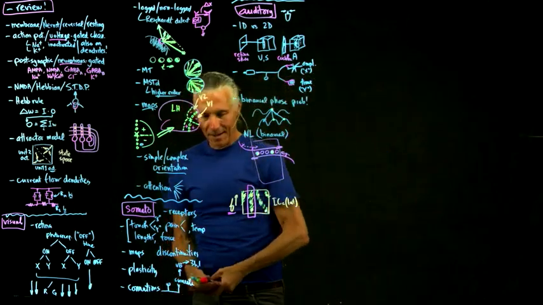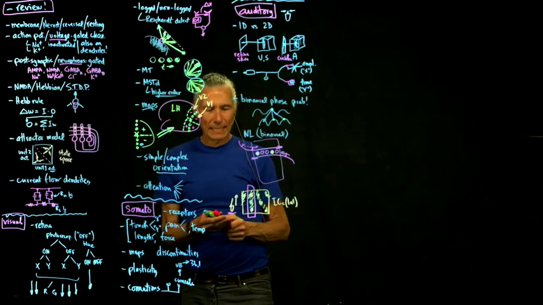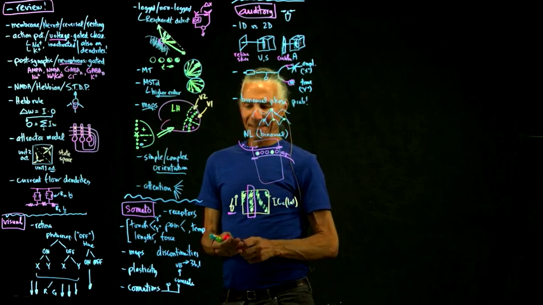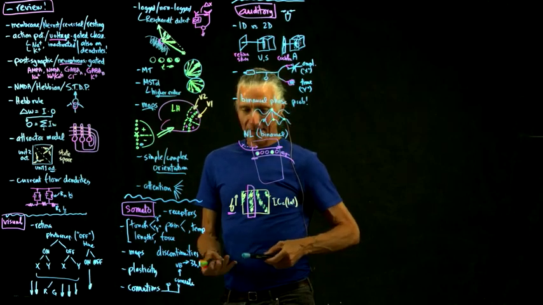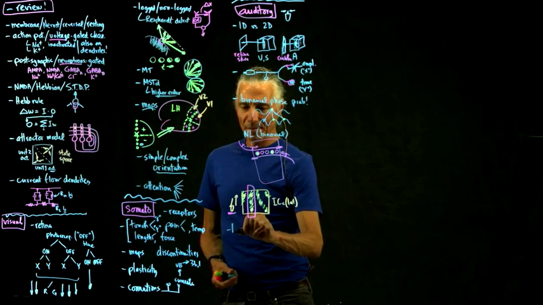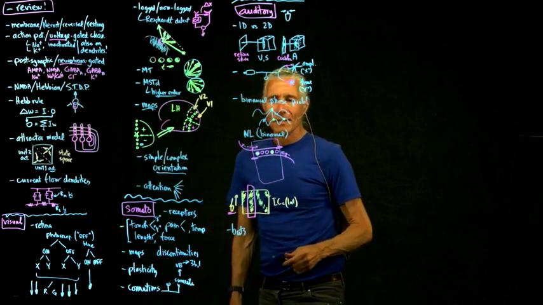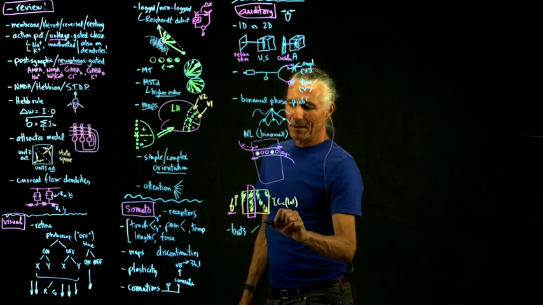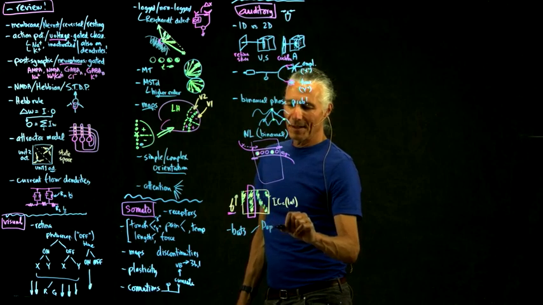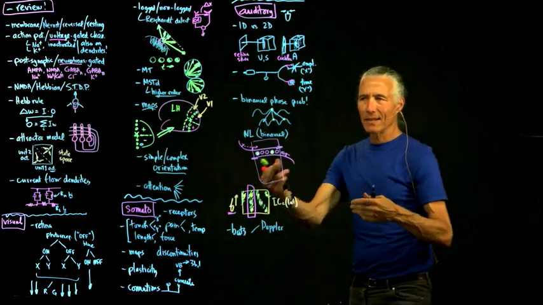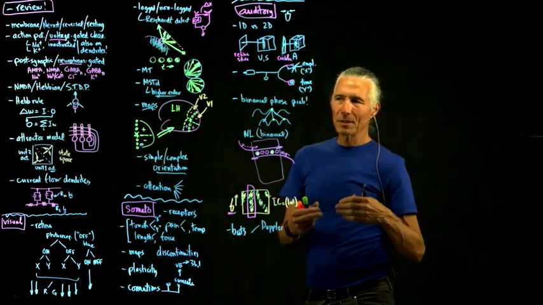So that was the auditory system. And then we talked about bats, and the Doppler shift. The bat's prey is moving, so the echoes come back with a shift in frequency.